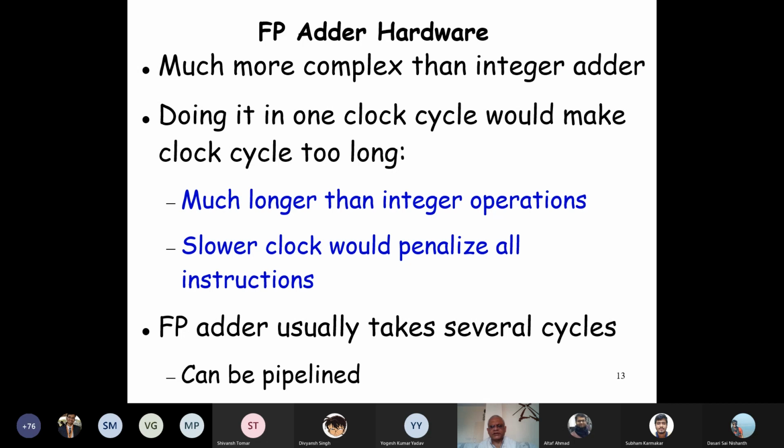And if we perform this in one cycle, then our computer will become extremely slow. We have not yet discussed pipelining. That's the next thing in the agenda. Okay, not next thing, just next to next thing.